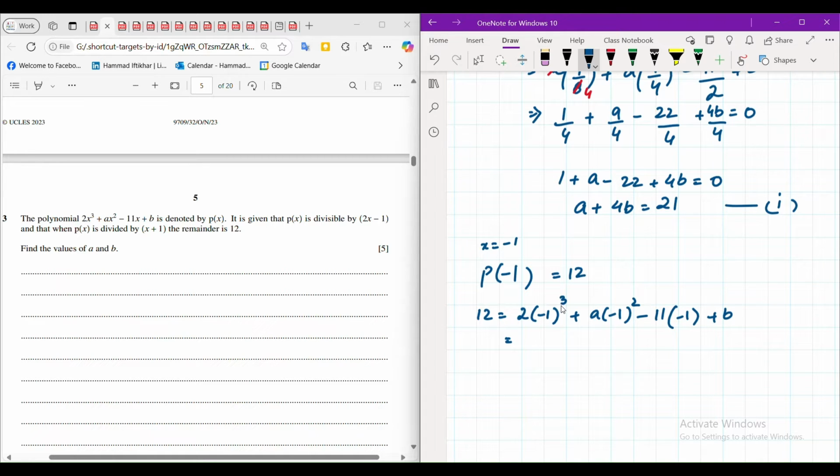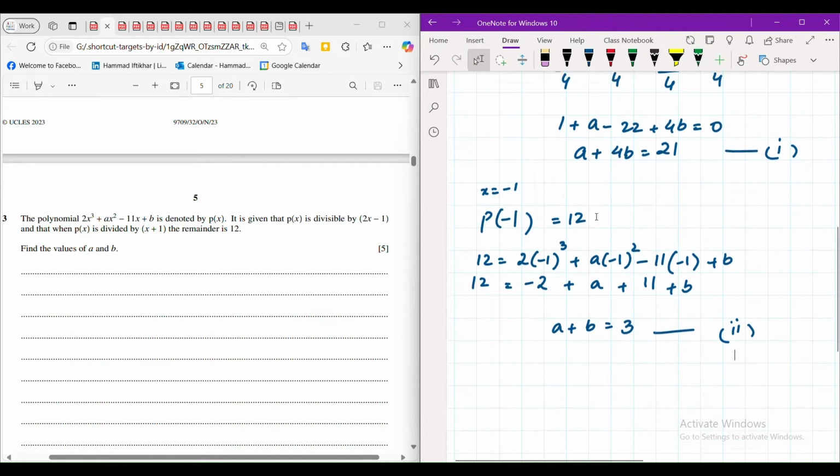The cube of minus 1 is minus 1, so minus 2. Minus 1 squared is positive. Minus 11 times minus 1 is plus 11, plus b equals 12. Now we simplify: a plus b on one side, and on the other side 12 plus 2 minus 11, 14 minus 11, that's 3. So this is our second equation.